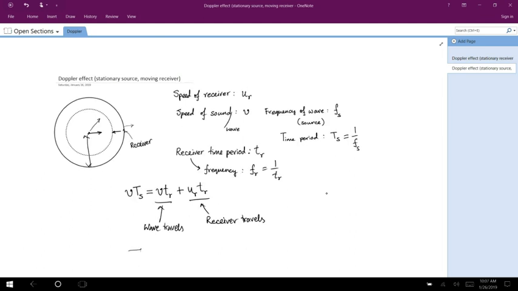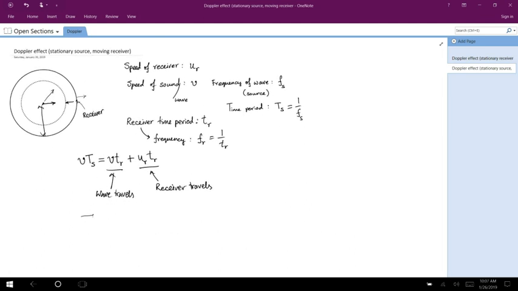Okay, so now we can use the relationship between time period and frequency. First of all, we can simplify this a little bit further. We can write this as V times TS is equal to, let's factor out the TR, times V plus UR. All right, so now we can invert this relationship and get 1 over TS is equal to 1 over TR multiplied by V over V plus UR.